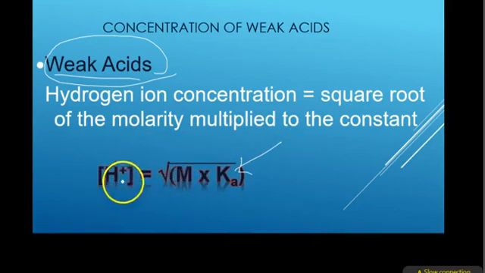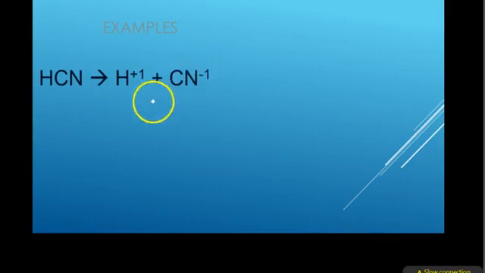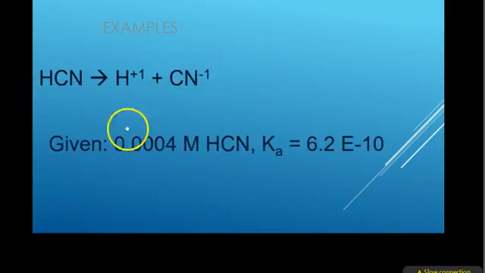All right, so that is going to equal my hydrogen ion concentration. So I don't get to jump right into the square root. So this is telling me I've got hydrogen cyanide, or hydrocyanic acid. And this is what I am starting out with as my molarity.